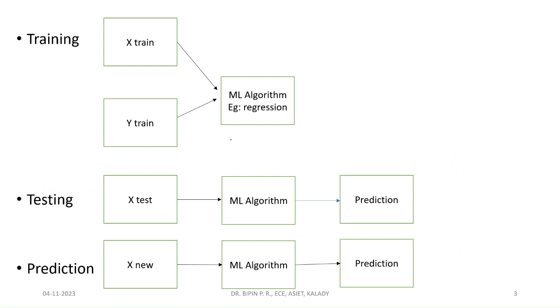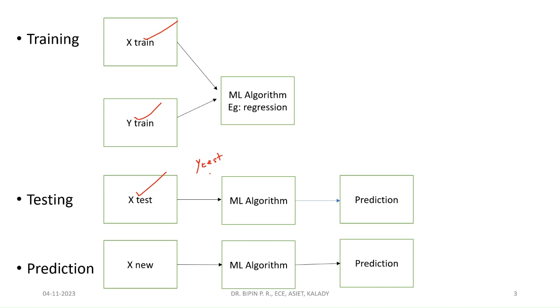Training set contains X train and Y train. Similarly, test set contains X test and Y test. So train means X train, Y train. Test means X test, Y test.